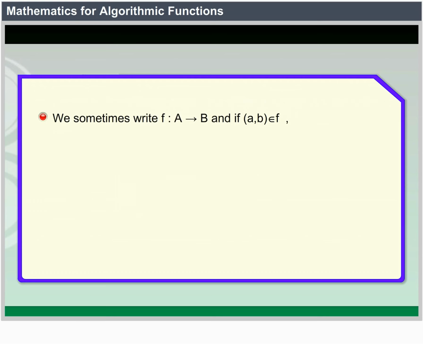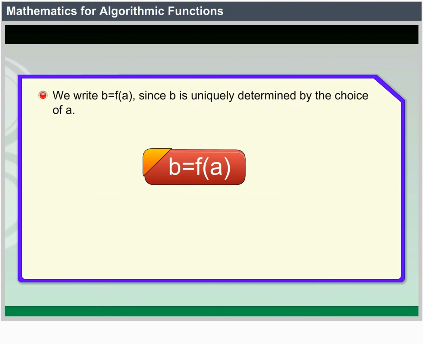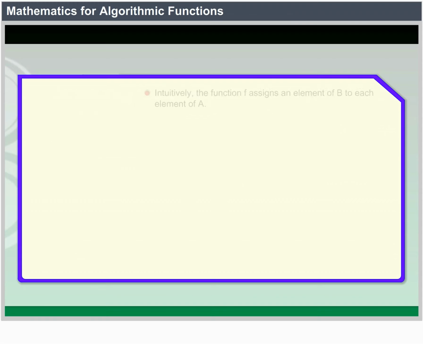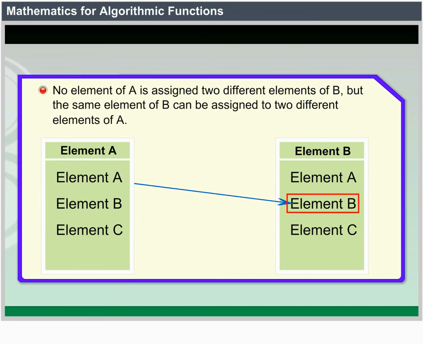We sometimes write f: A implies B, and if (a, b) belongs to f, we write b is equal to f of a, since b is uniquely determined by the choice of a. Intuitively, the function f assigns an element of B to each element of A. No element of A is assigned two different elements of B, but the same element of B can be assigned to two different elements of A.